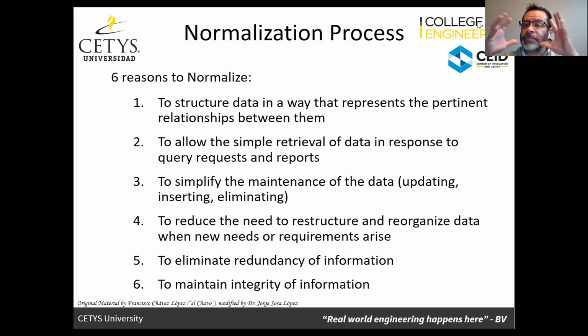Our system needs to be designed in a way that we can restructure and reorganize things when new requirements arise, without having to redo the whole database or a whole system. And this is a typical engineering systems problem. So you've got a system that you designed a certain way, and the system is robust.